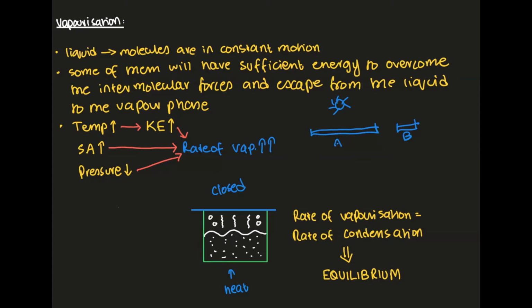Since they don't have anywhere to escape, they're going to come into contact with the surface over here, and they're going to condense and form water droplets. So in this container, vaporization and condensation are taking place at the same time. When the rate of vaporization becomes equal to the rate of condensation, you can say that this entire system is in equilibrium.